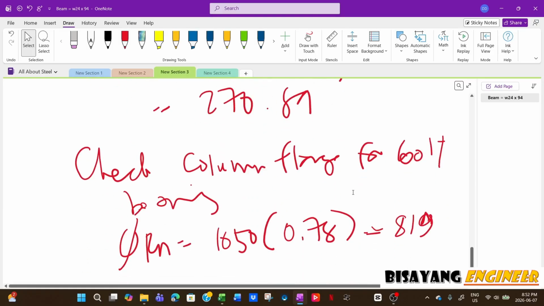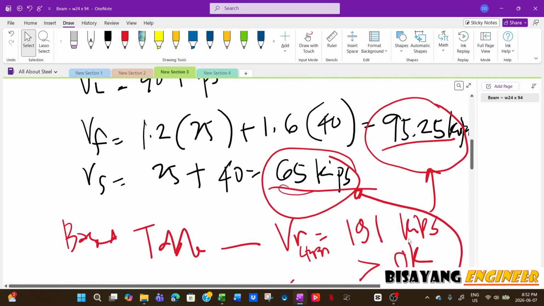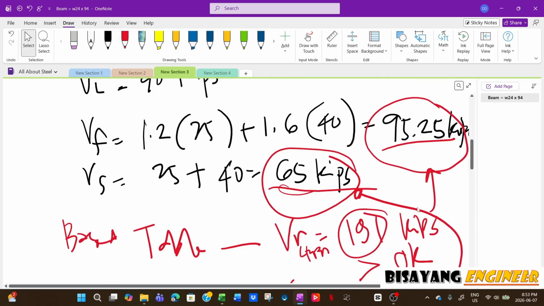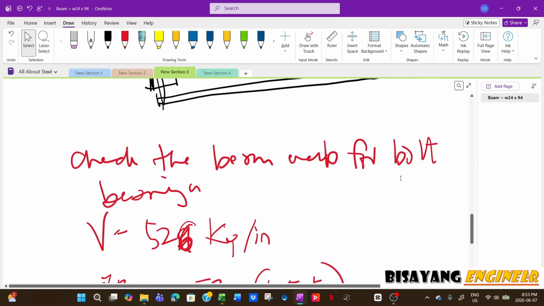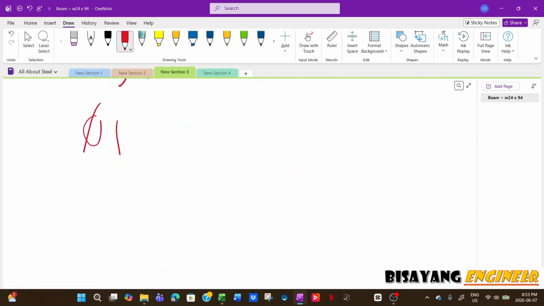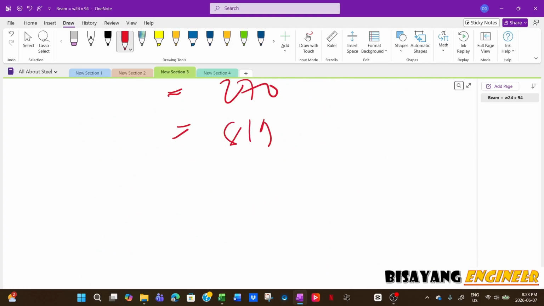So all you have to do is determine the minimum of all the capacities. So you have 191, and then 270, and the last one would be 819.